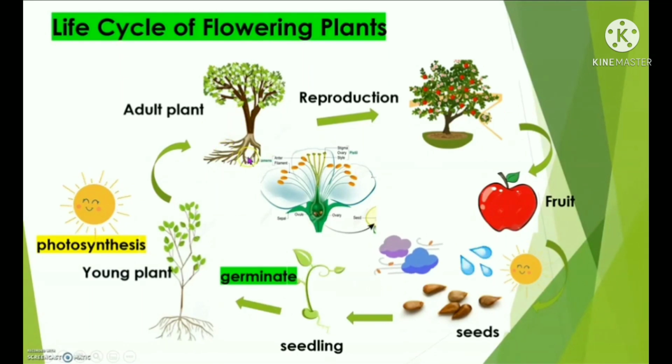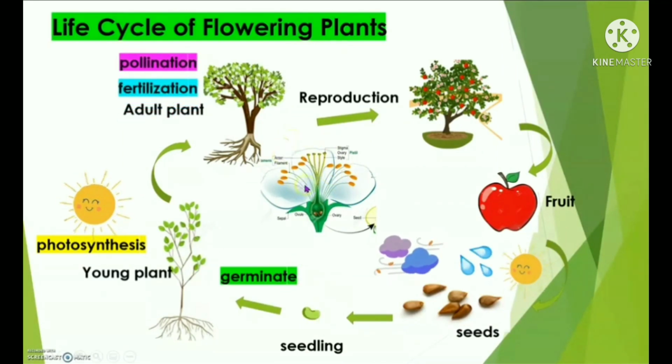An adult plant also develops its flower. So we know that the sex organs of a flower or of a plant is inside the flower. It has the stamens, which is the male organ, and the pistil, which is the female organ.